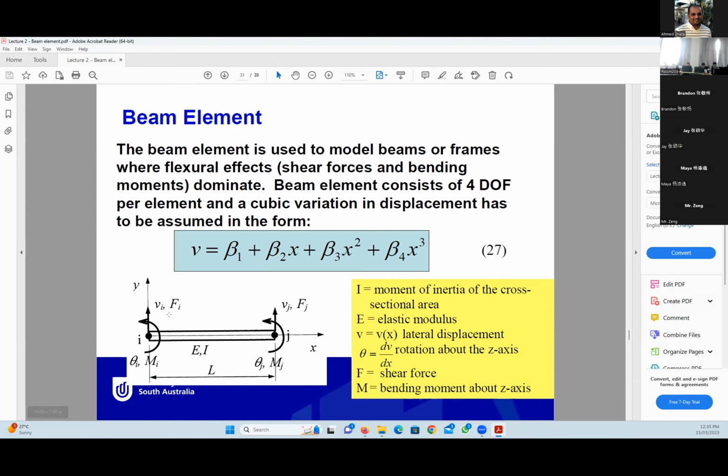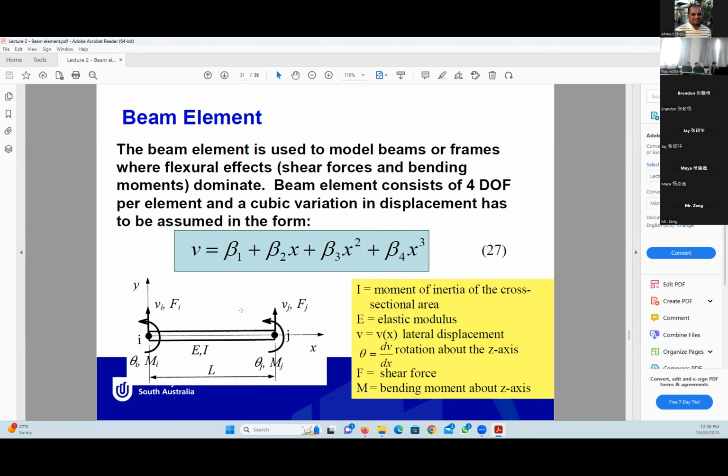The degrees of freedom, as you can see, are in black here. What are the degrees of freedom we have? We have vertical displacement Vi, and we have rotation theta i. At J, we have Vj and theta j. So the degrees of freedom at each node of a beam element are 2: vertical displacement and rotation.